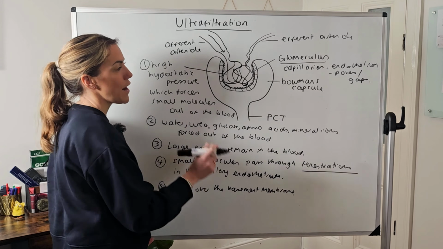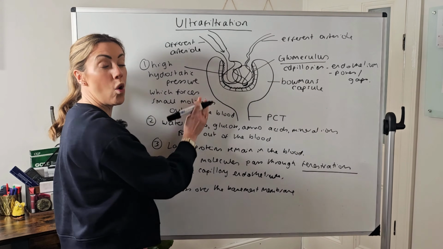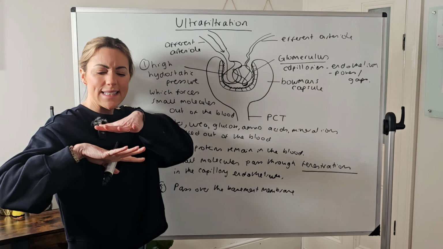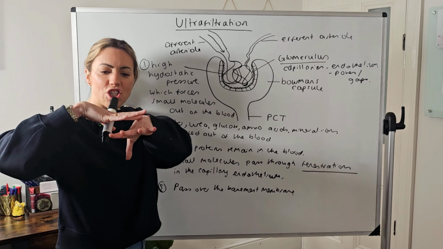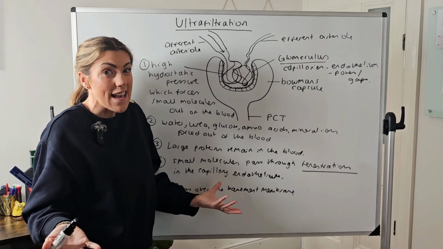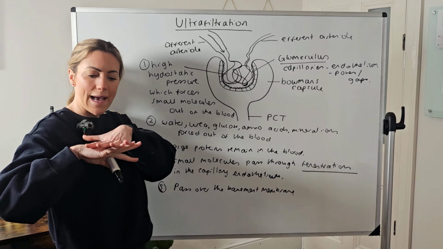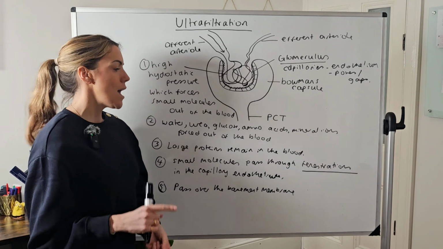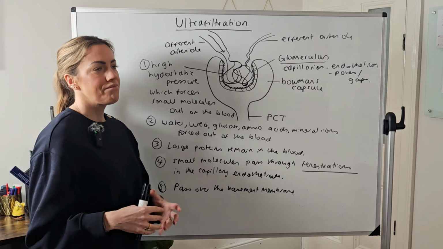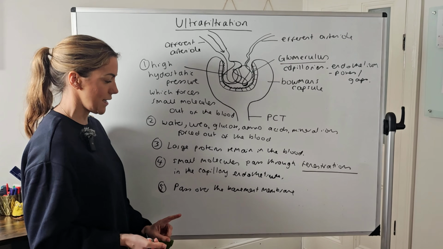Now, the basement membrane sits between the glomerulus and the wall of the Bowman's capsule, and it's basically like a mesh or a matrix of proteins that kind of acts like a sieve. So again, it's going to let these smaller molecules pass through that kind of mesh of proteins, but it's going to prevent any larger proteins present in the blood or red blood cells from passing through that filter.